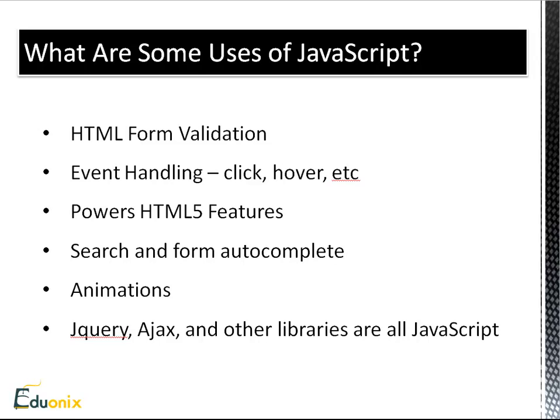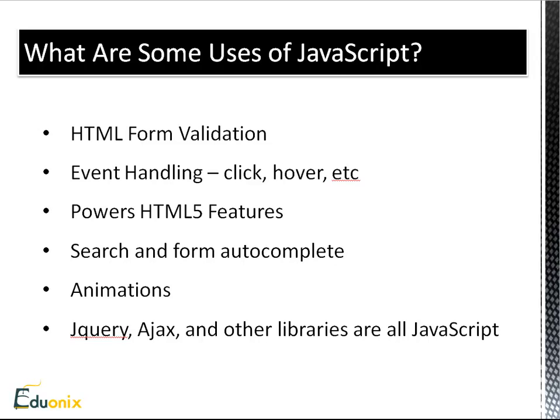Dynamic elements on the page. It deals with the DOM, or the Document Object Model, which refers to basically anything not just on a website but in the browser. It powers HTML5 features, features like geolocation and web storage.